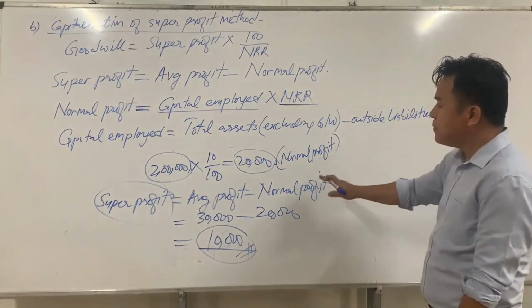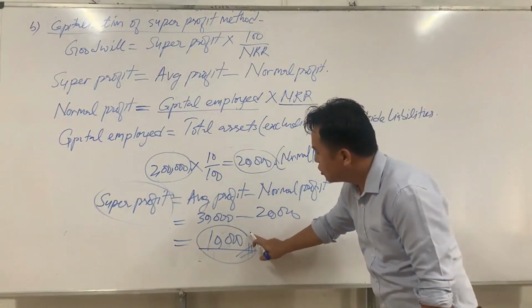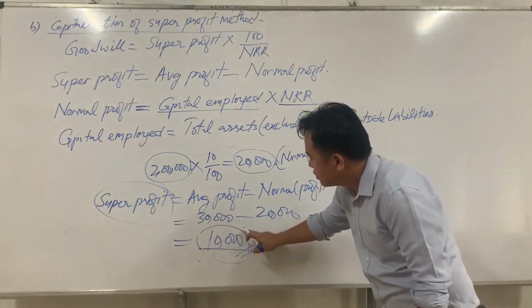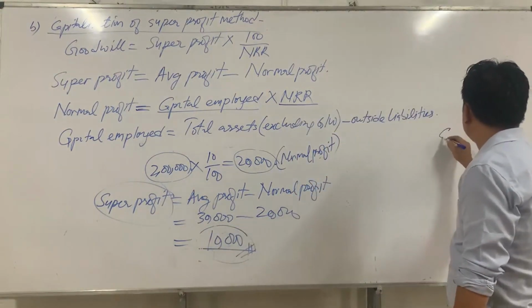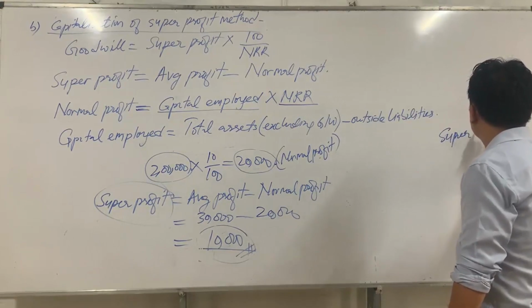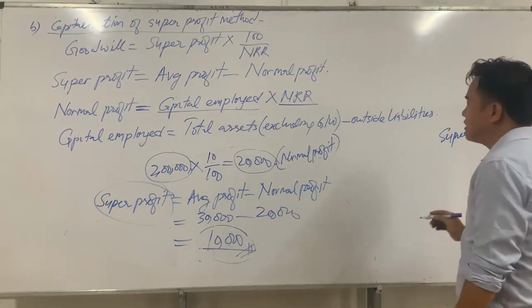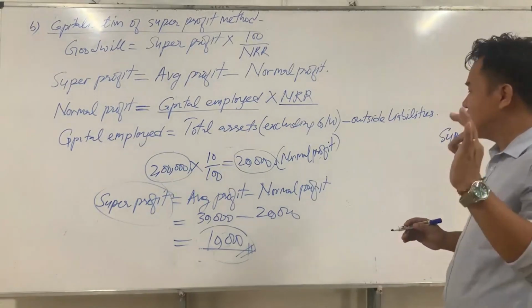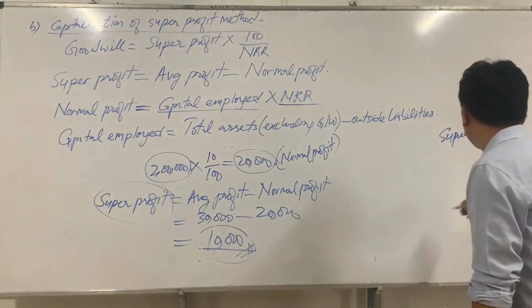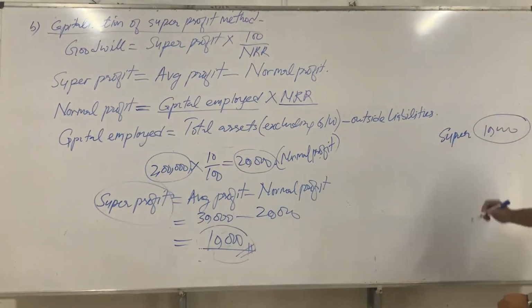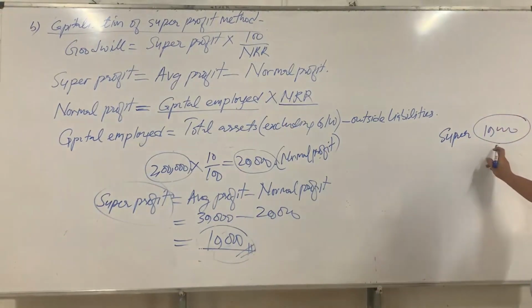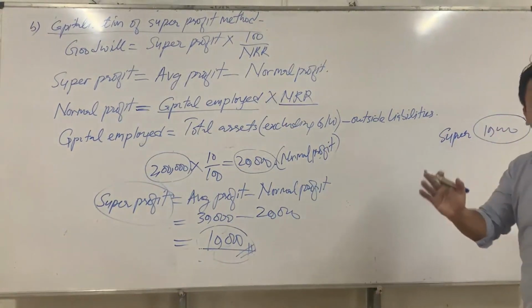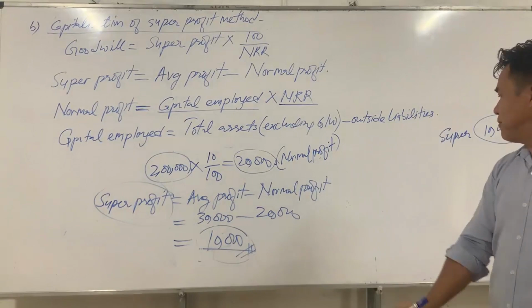Since firm A earns this super profit of 10,000 and no amount has been invested to earn it, and still they are generating this profit, all because of goodwill of the firm.